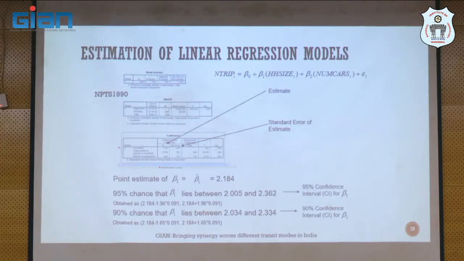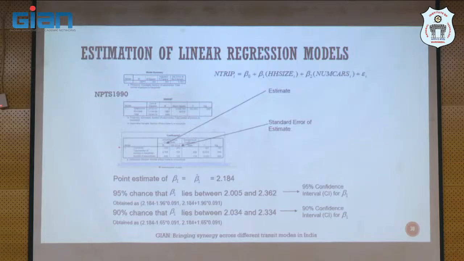I'm showing you the curve here. So 2.184. If you look at the confidence interval, you're saying the coefficient varies only between 2.005 and 2.6. What this tells you is, if I take 95 data sets and estimate the same model with this variable, they will range between this, which is a very narrow range, which tells you that the coefficient is significant.